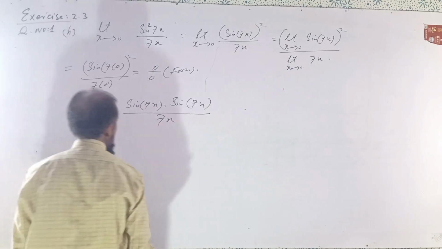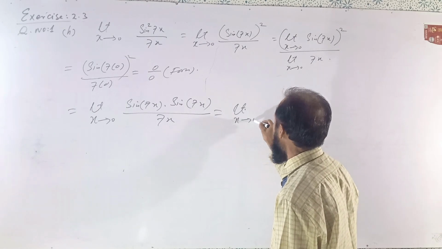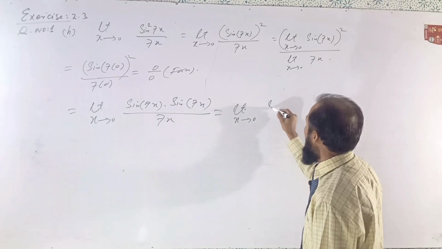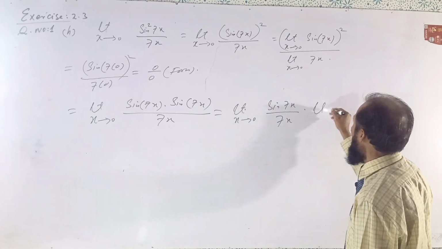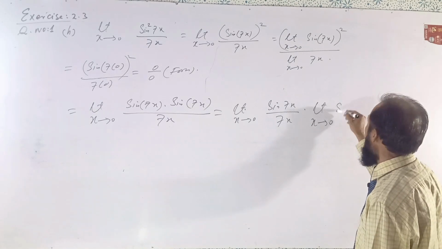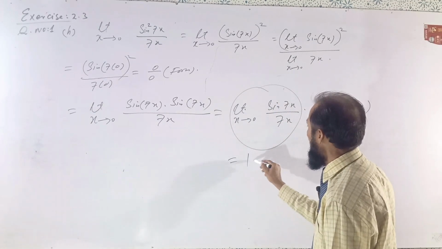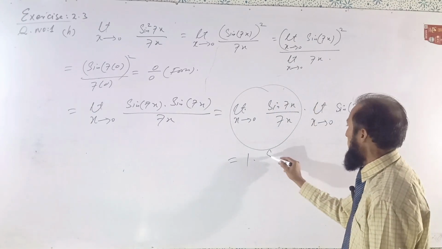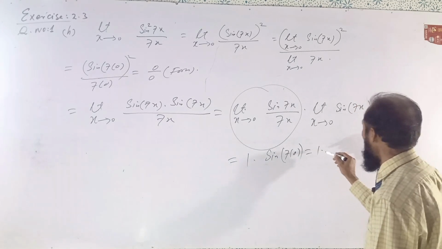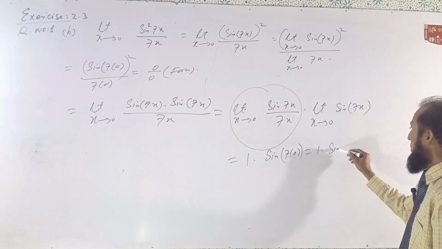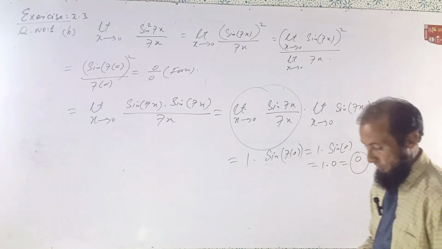Now we are splitting the limits by the formula: limit x tends to 0, sin 7x divided by 7x, into limit x tends to 0, sin 7x. By this rule the result is 1, and here we put sin 7 into 0. So sin 0 is equal to 0, so the result is 0.